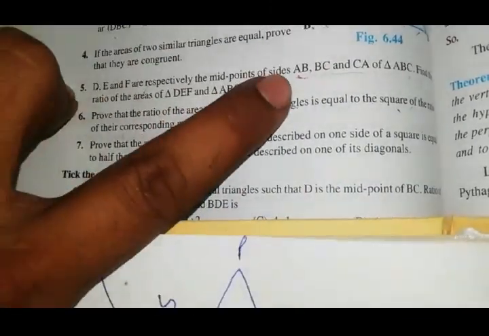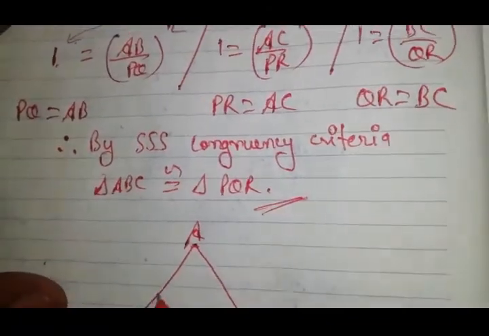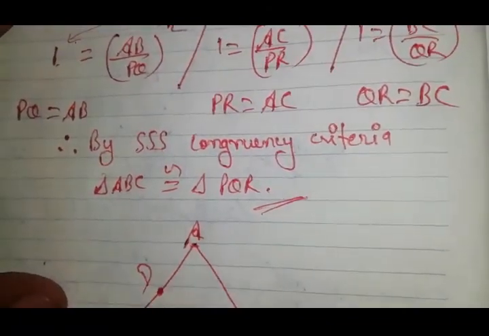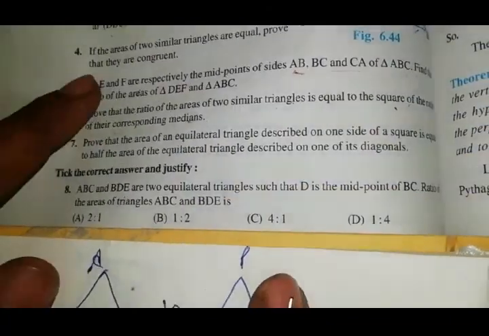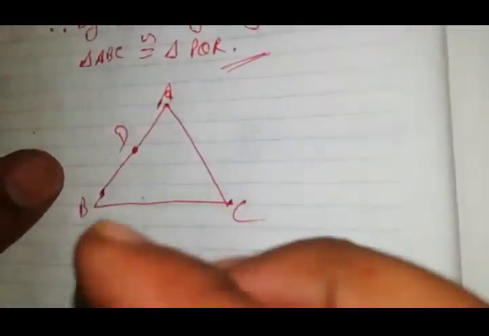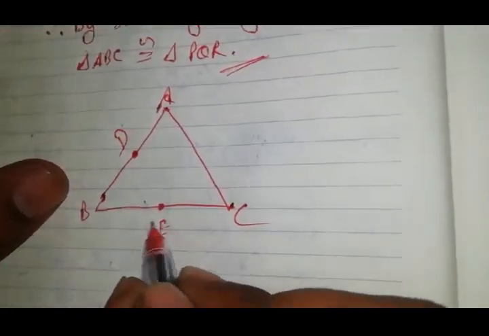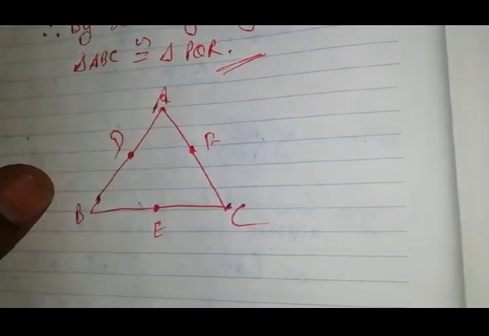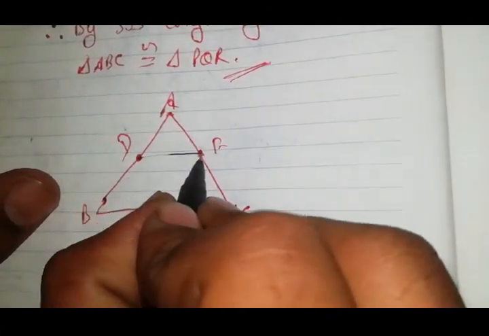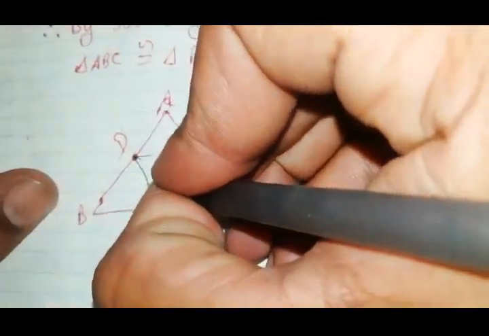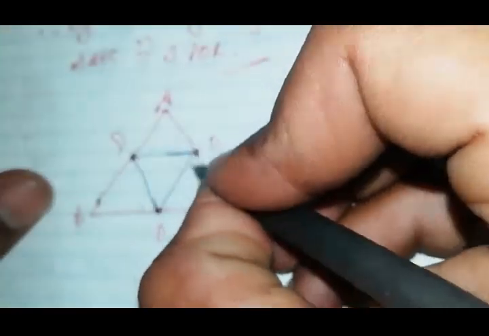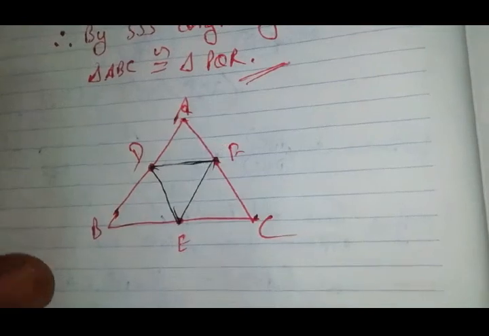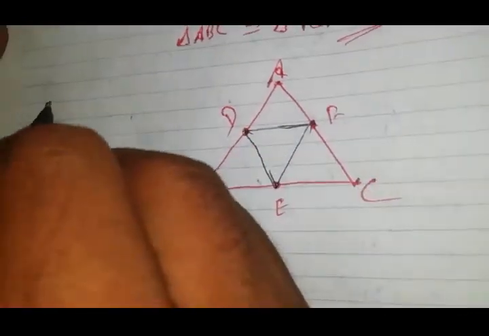Now if we join these midpoints, we will have a triangle here, DEF. This is question number 5.